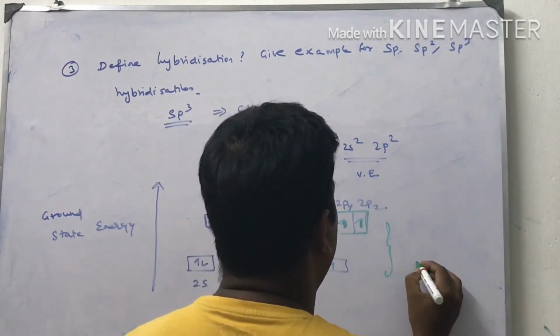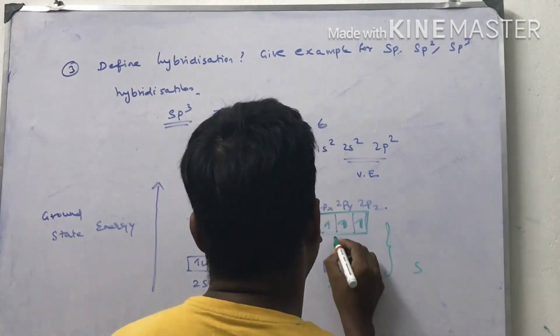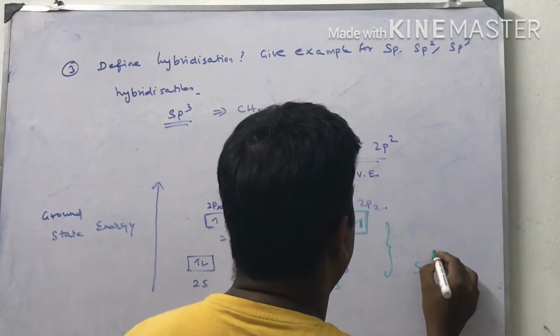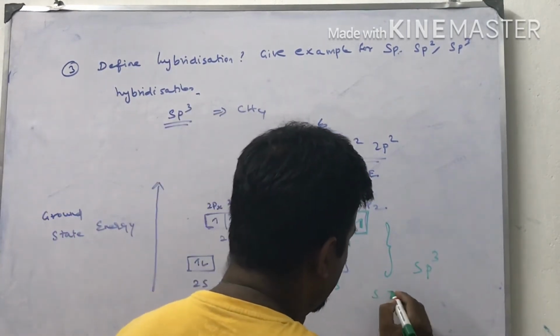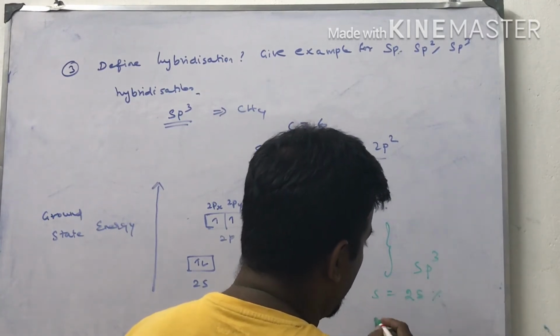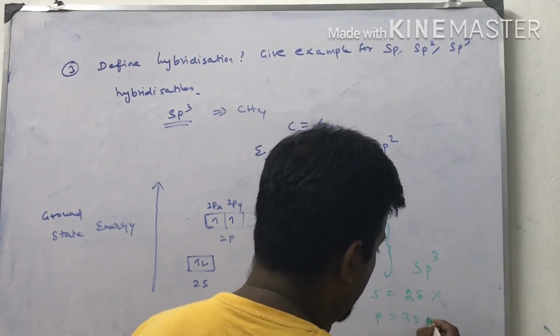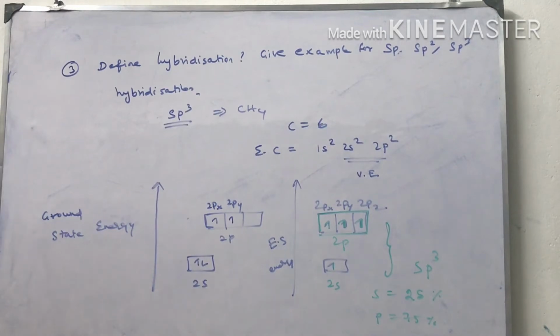So now we have one s character and three p character, so sp3 hybrid character, where s is 25% and p is 75%.